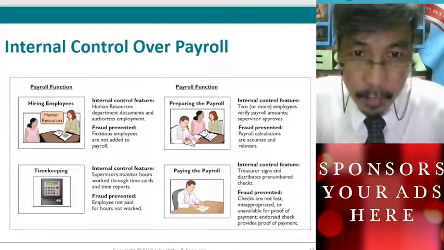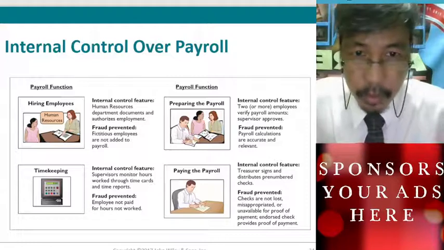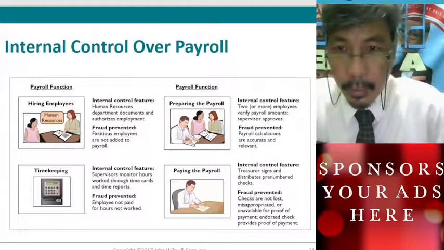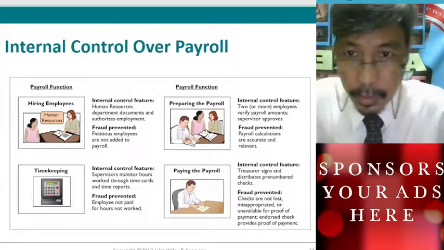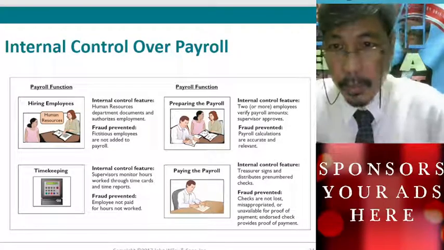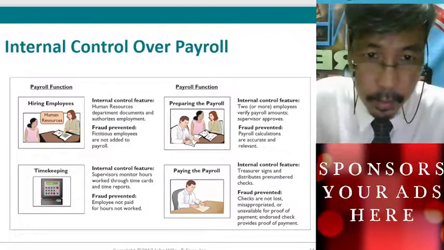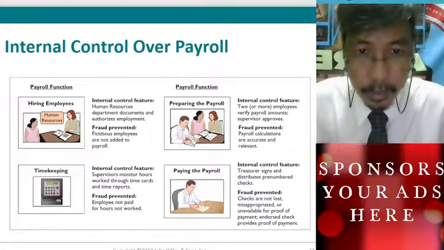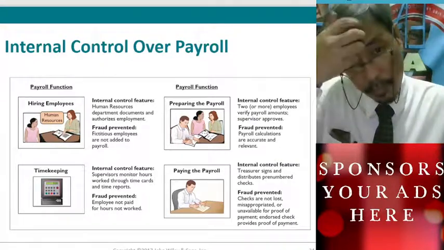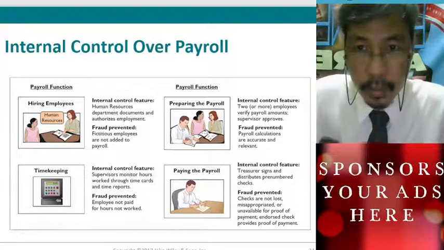Then timekeeping: supervisors monitor hours worked through time cards and time reports. Are they really working? Are they giving services to the company? Fraud prevented: employees are not paid for hours not worked. You only get paid for rendered services.